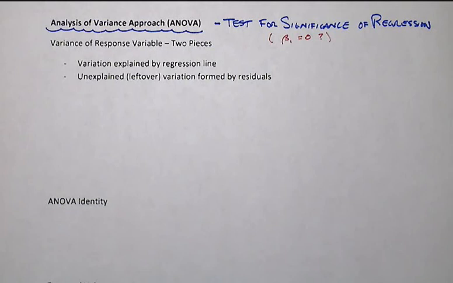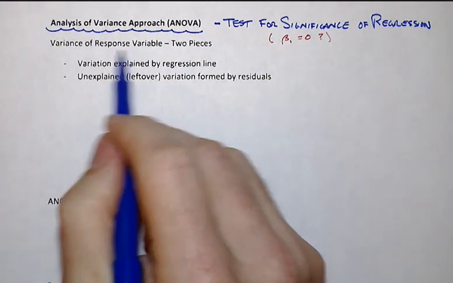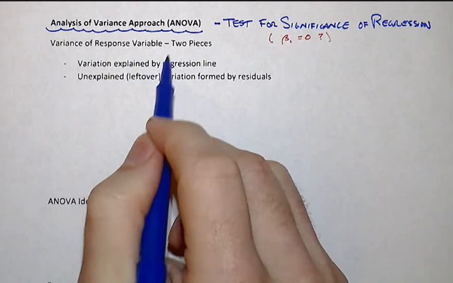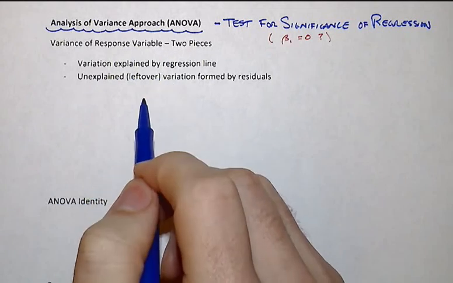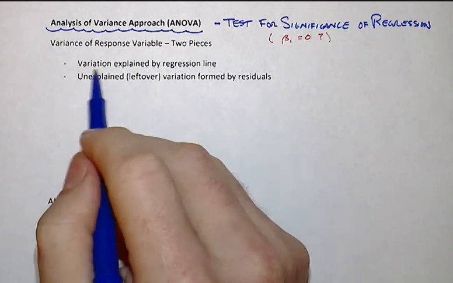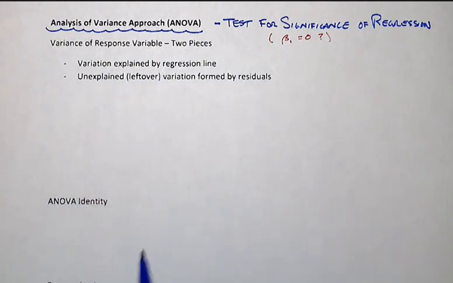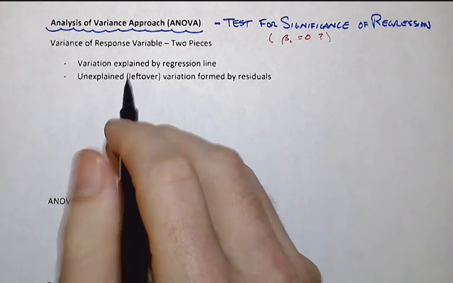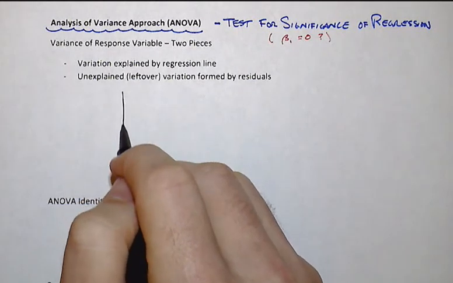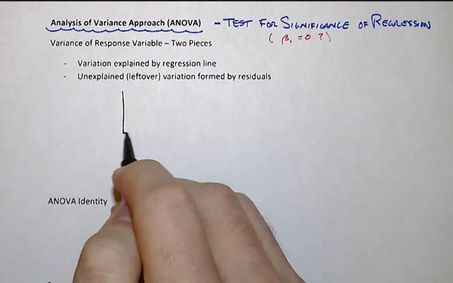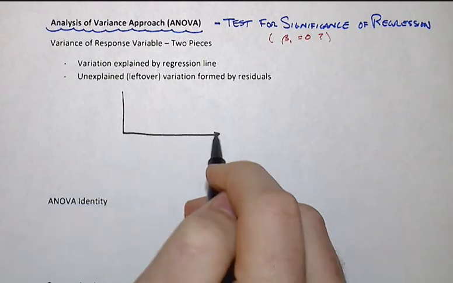The key thing for us is that we're going to look at our response variable and its variance and break apart the variance into 2 pieces: a variation explained by the regression line and the unexplained or leftover variation formed by the residuals. We're going to go back a little bit to a fundamental view of the data, before we start getting into equations and breaking apart the alphabet soup of our data processing.